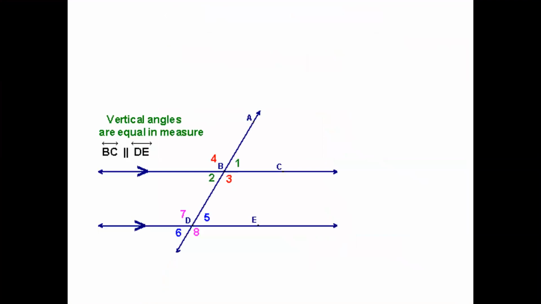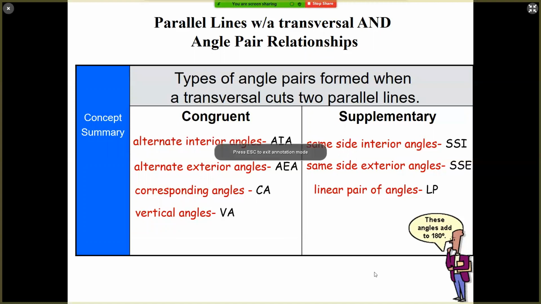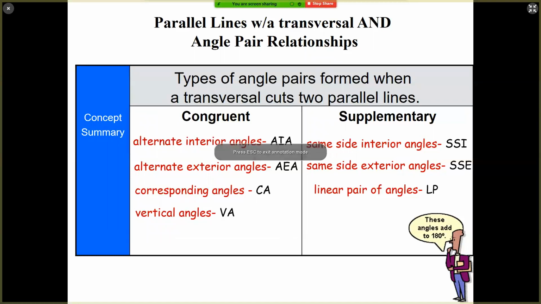Oh, we skipped vertical angles. So here are types of angles that are formed when a transversal cuts 2 parallel lines. Congruent angles: alternate interior, alternate exterior, corresponding and vertical. We didn't talk about vertical, so we're going to draw ourselves a picture real fast. So vertical angles happen anytime you have an intersection.